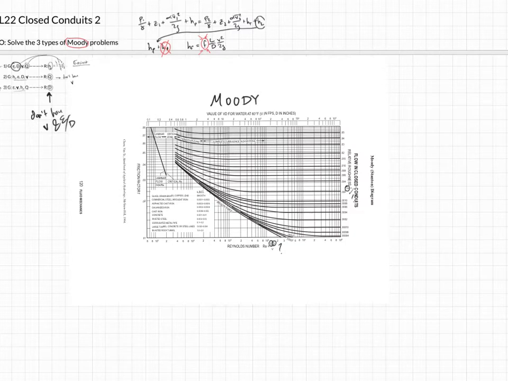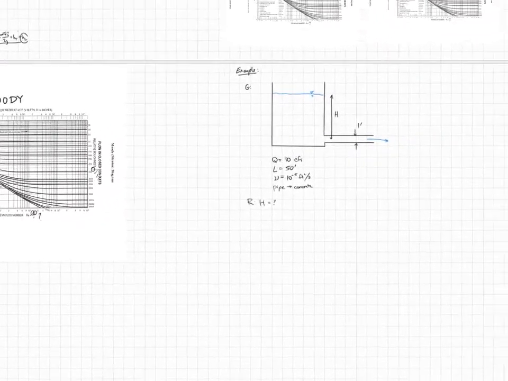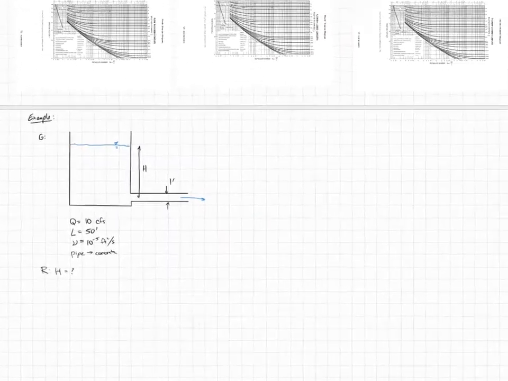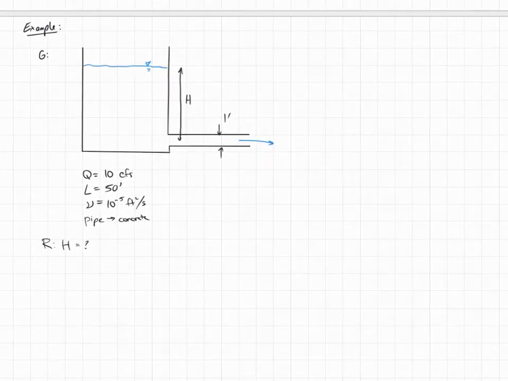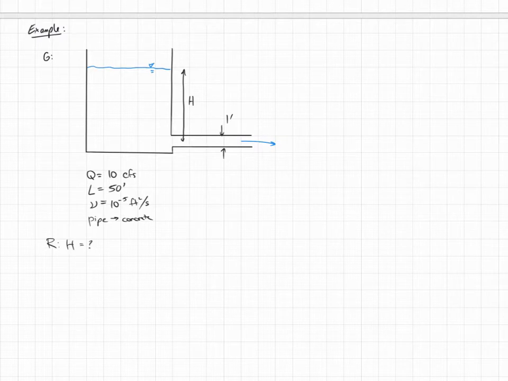All right, we're going to jump right in and do some examples. Let's go over here and see what we got. Oh, we've got lots of Moody diagrams waiting for us. Given: we've got some reservoir with some amount of water in it.